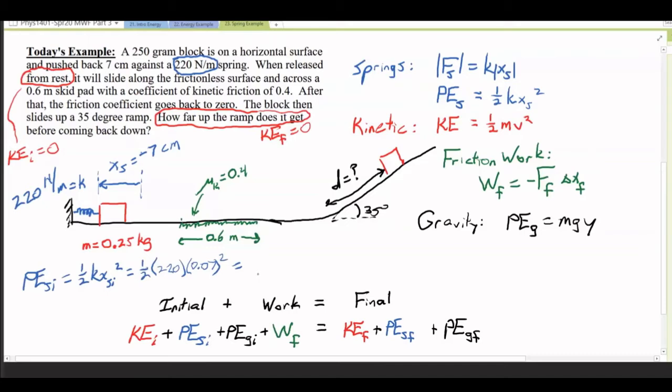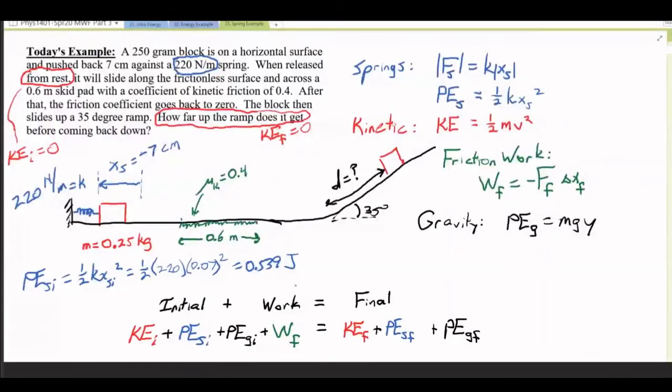And that, I believe, comes out to 0.539 joules. Let me check that calculation. 1/2. Yeah, I'm pretty sure that's right. Okay. Now, when we get to the end, there's no more spring. We're not in contact with the spring anymore. So EE spring final equals 0. So I don't have to worry about that.